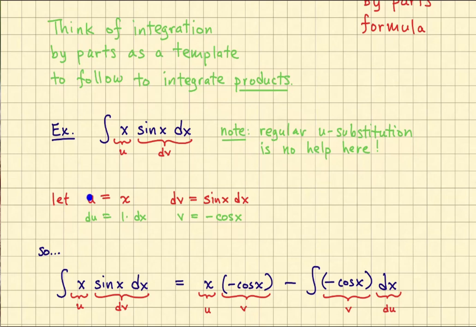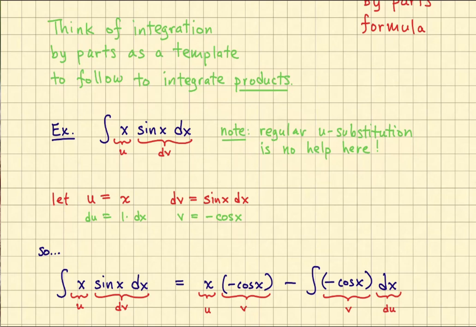And now once we've selected this, we'll just take the derivative to calculate the differential du. So if you've picked your u to be x, then you would calculate du dx to be 1. And then if you multiply both sides of that by dx, you would get du equals 1 times dx. On the other hand, if you've picked your dv to be sine x dx, if you anti-differentiate both sides of this to recover v from its differential dv, then you get a minus cosine x.